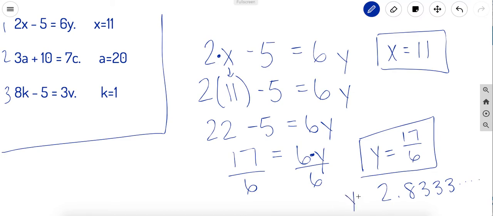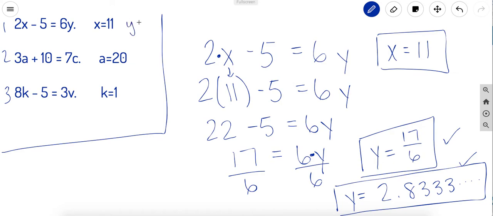And that's okay. Both answers are totally correct. It could either be the fraction, 17 over 6, or it could be this ugly decimal. So our answer for this one would be y equals, I'm going to write the fraction, 17 over 6, but if you write the decimal, that's also okay.